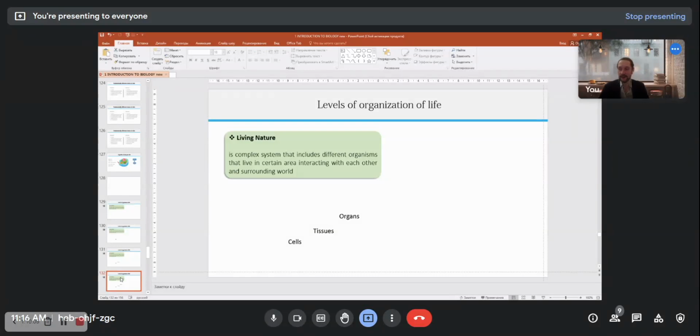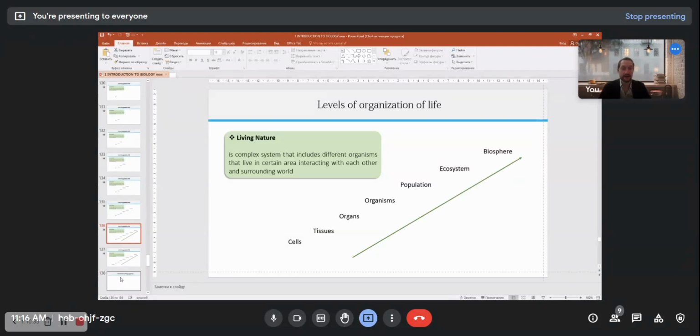A tissue can perform more complex functions than every single cell. The next level of complexity or organization of life is the level of organisms. The next level is the population level, then comes the ecosystem level and the biosphere level.